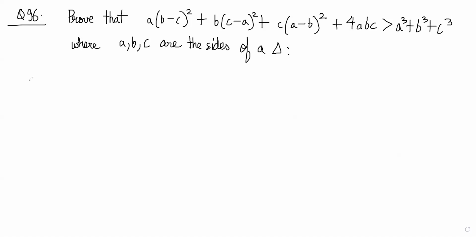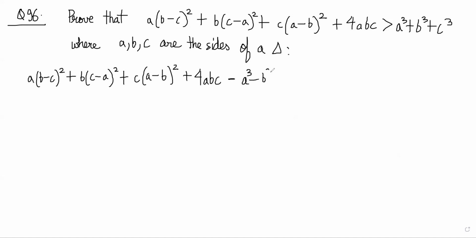We have A times (B minus C) whole square plus B times (C minus A) whole square plus C times (A minus B) whole square plus 4ABC minus A cube minus B cube minus C cube. We will work with this expression, and ultimately I want to show that this expression is greater than 0, which will mean that the inequality is true.